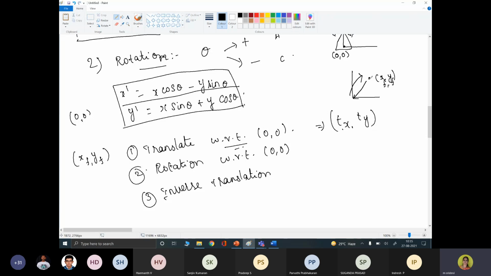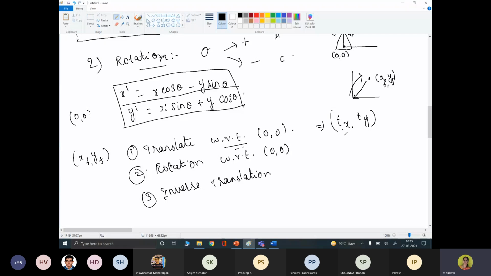Now this is the point we have, and we are moving this point to the origin. So what is the translation factor? Minus x, or xf? Xf, sorry. Yes. So this is the point you have.